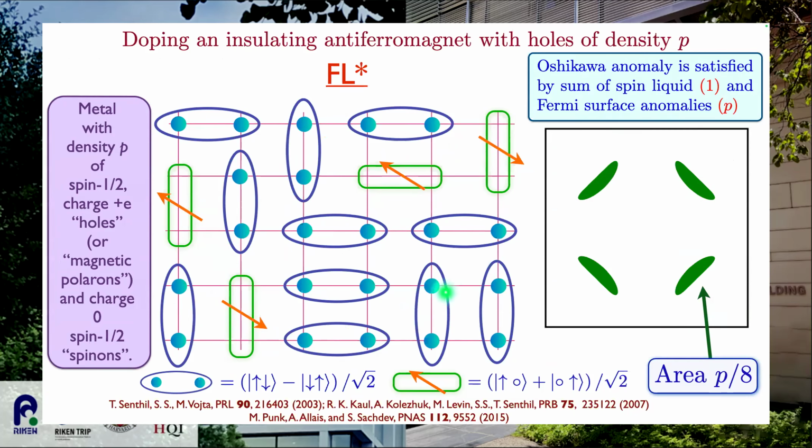I just treated them as free particles. But there's also the blue object, there's a spin liquid sitting there. And I just completely ignored it. Now, for the purposes of the Fermi surface area, that's valid, because the anomaly argument doesn't care what particular type of spin liquid you have. But if you want to compute photoemission or anything else, you do have to worry about it, okay?